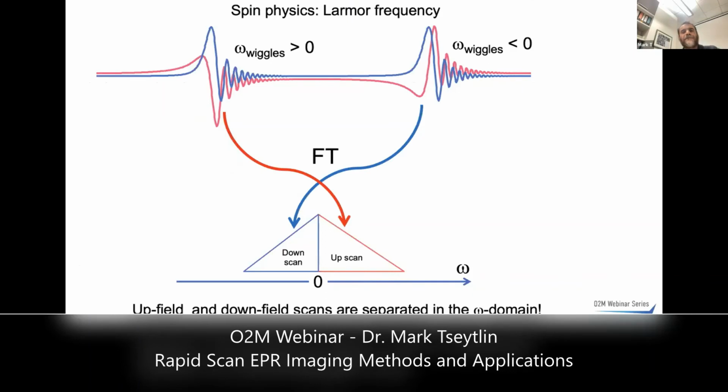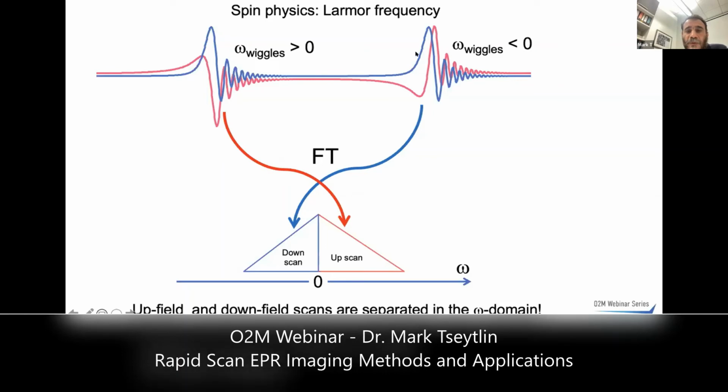I just want to briefly show you how, using spin physics, we're solving the problem of background. It's a very neat approach. In rapid scan, as we go through the line, remember we're changing the magnetic field. As the magnetic field gets higher and higher, the Larmor frequency increases until your signal disappears.